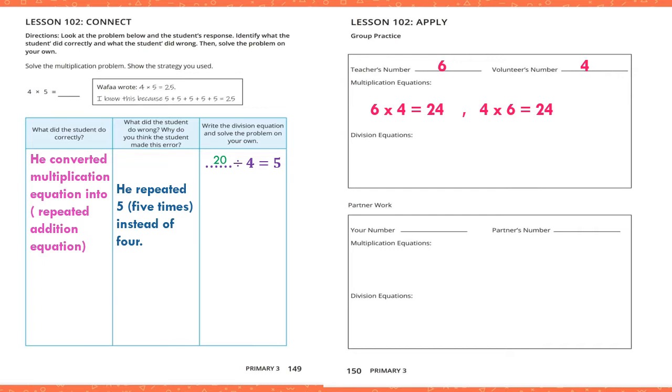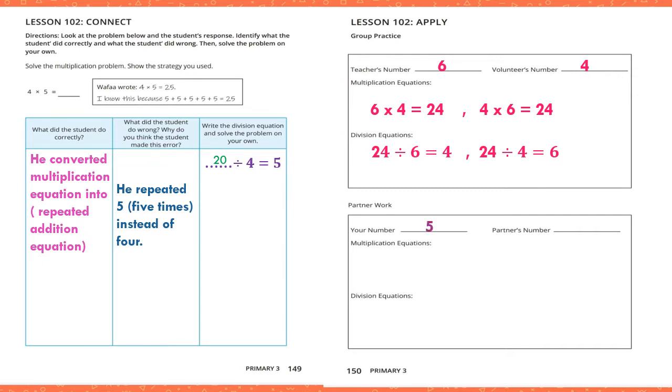Now, to get the division equations, we say dividend, divisor, quotient. Dividend is the big number, which is 24. Divisor and quotient are the small numbers. So 24 divided by 6 equals 4, and 24 divided by 4 equals 6.